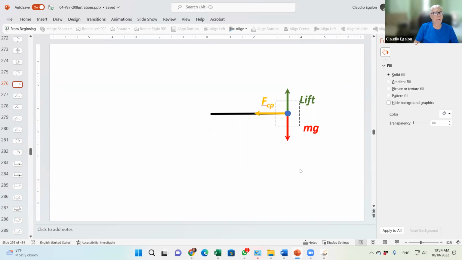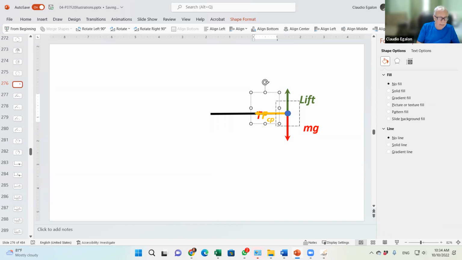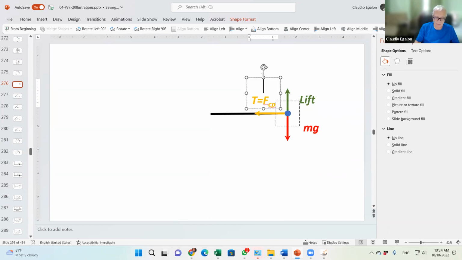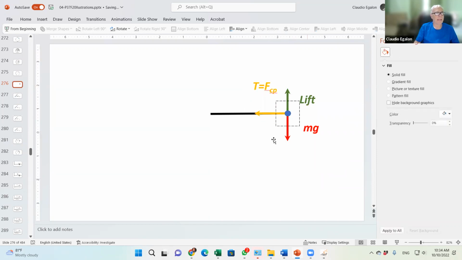And we are left with this tension in the string, in the guideline.